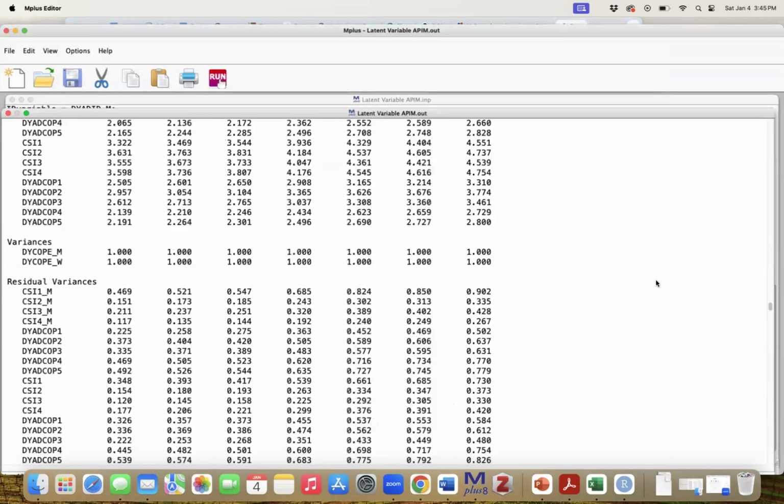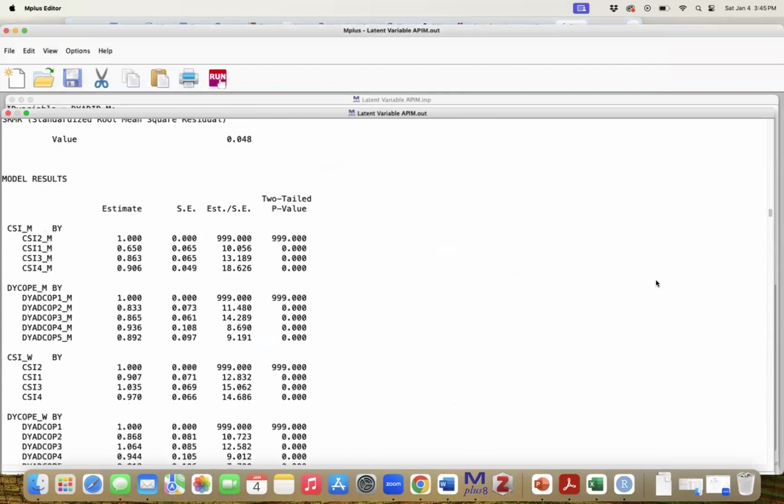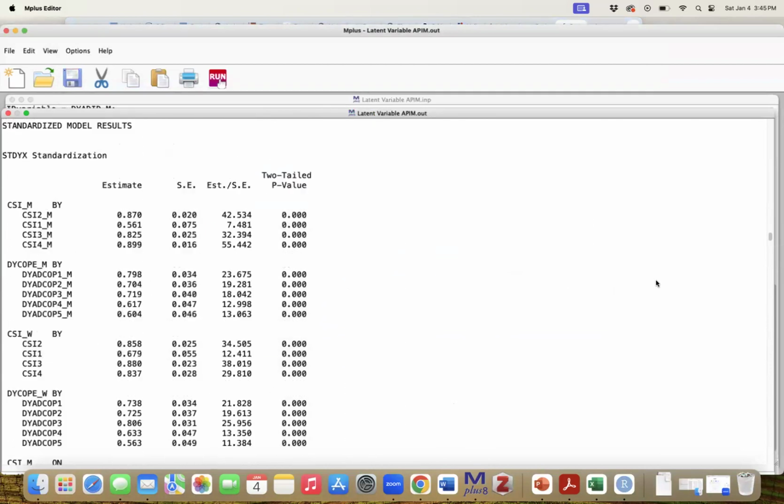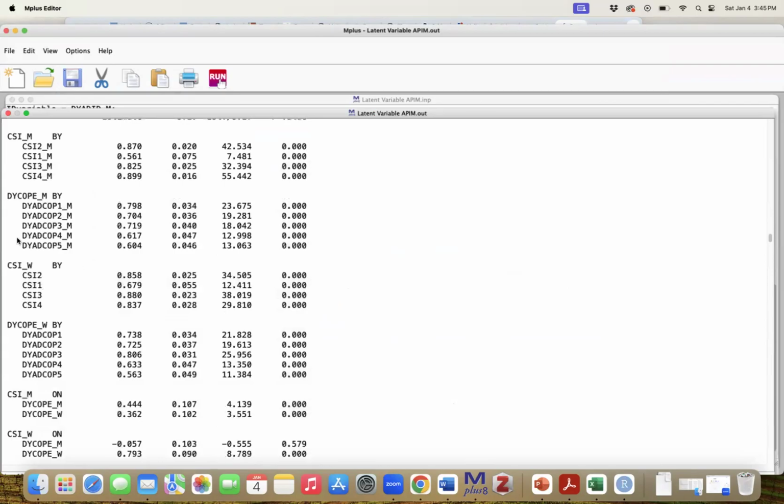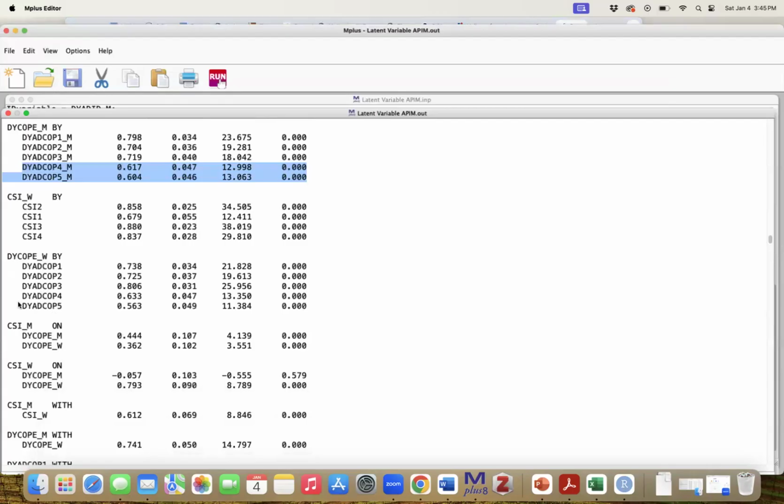And so if we scroll up, we can go back to our standardized output, and we kind of see that. Like these loadings are actually quite a bit lower by 0.10 than the others. And that's true for male, and that's also true for female.